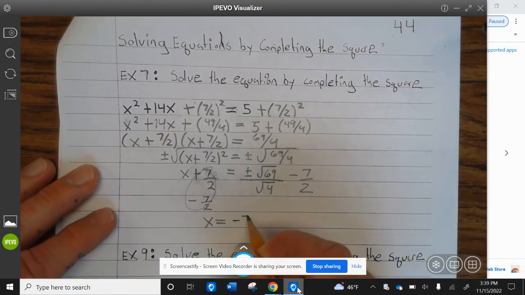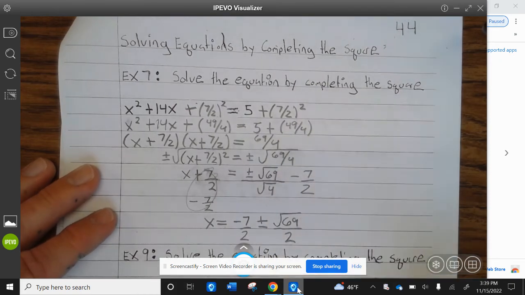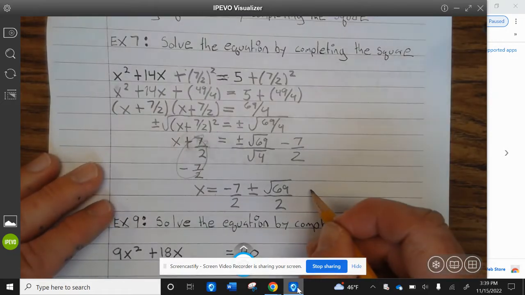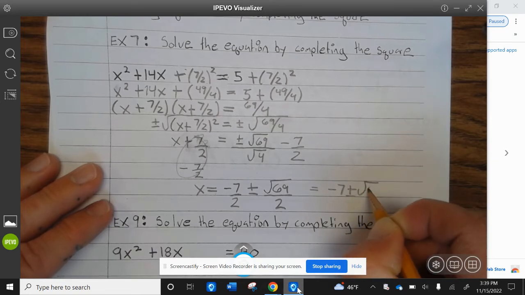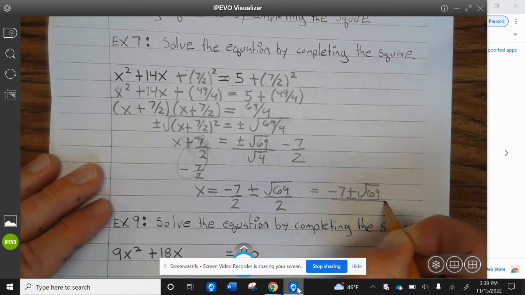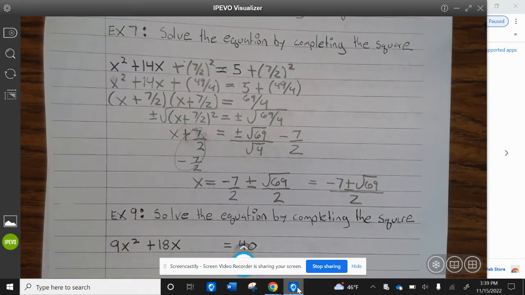So it's negative 7 divided by 2 plus or minus the square root of 69, just leave it as the square root of 69, divided by the square root of 4, which is 2. So this can be written as negative 7 plus or minus the square root of 69, divided by 2. All right, go ahead and finish up example 7.